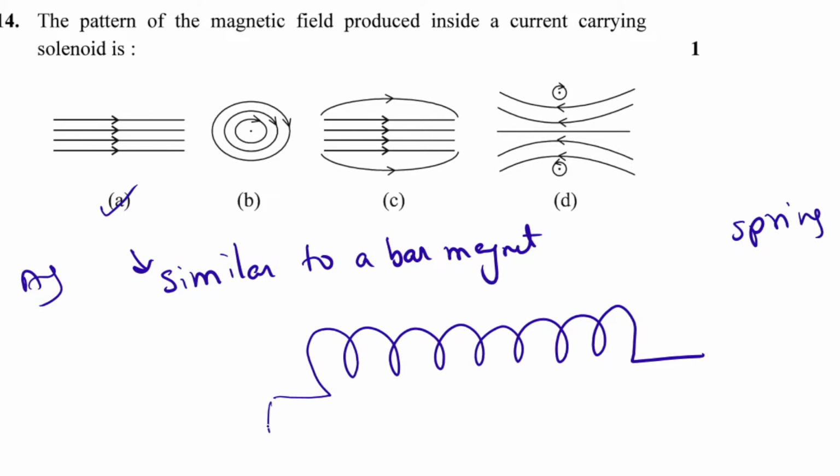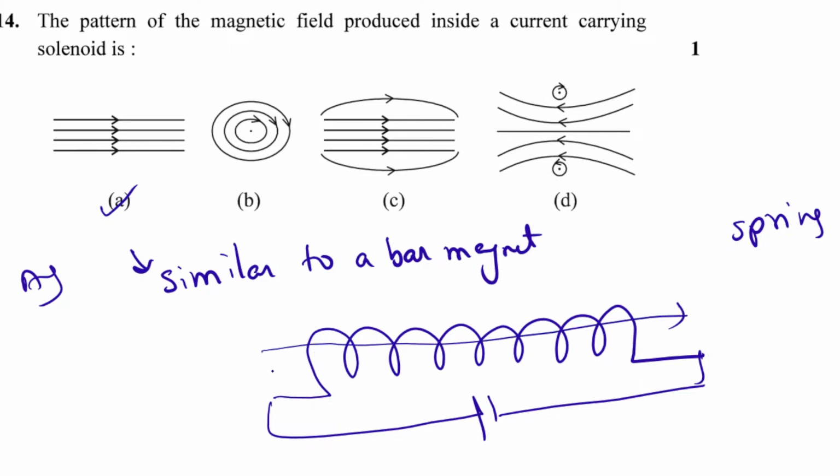Due to the current passing through it, a magnetic field will get induced. So this is exactly similar to the bar magnet also. Inside the bar magnet it goes from north to south. So this acts as a north pole and this acts as a south pole. Hence the magnetic field lines will be flowing this way.